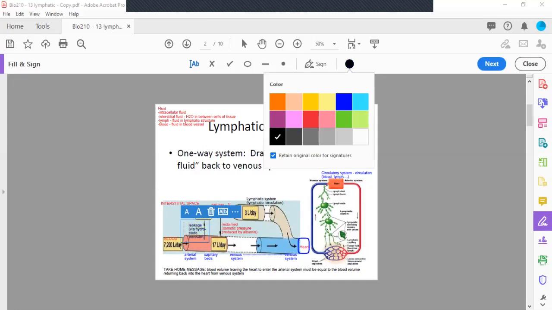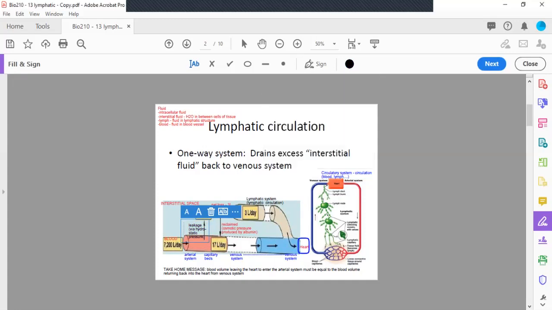This pressure itself pushes the water out of the capillary and into what's known as the interstitial space.